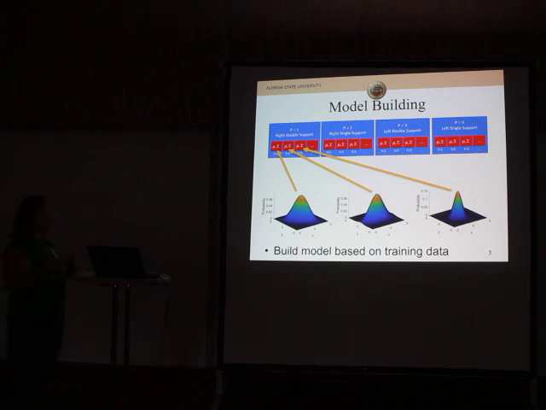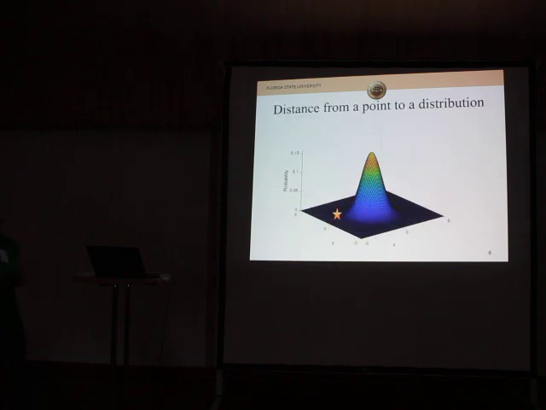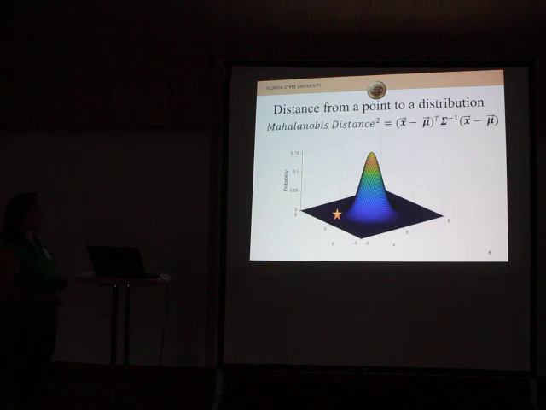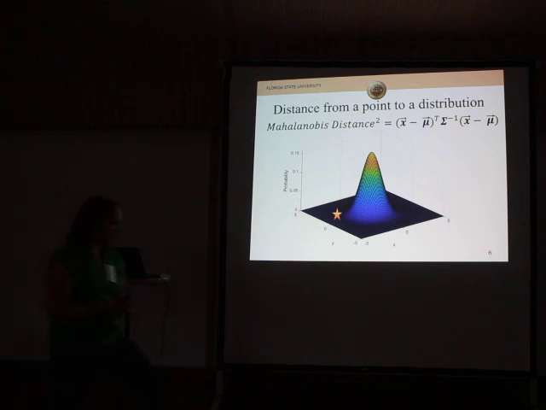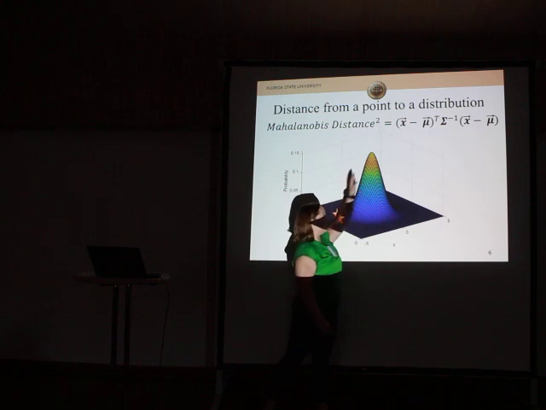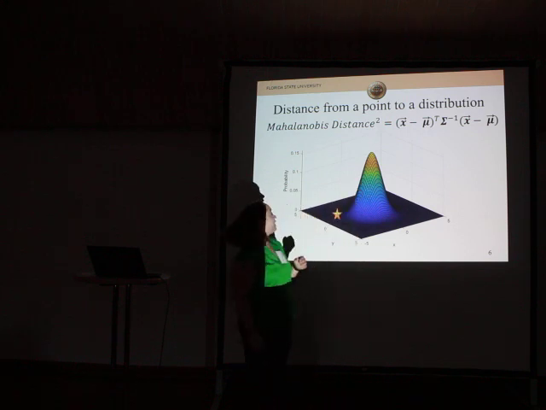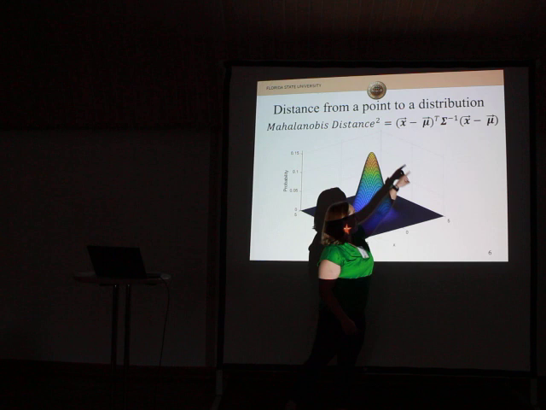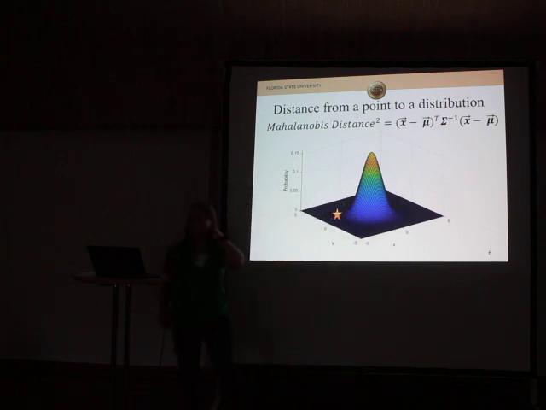Now by assuming these Gaussian distributions, we're afforded a new distance metric that is useful to us. This distance metric is called the Mahalanobis distance. Essentially it scales the Euclidean distance between a new incoming data point and the mean vector of this Gaussian distribution by the uncertainty in each degree of freedom, so that inverse covariance matrix in the middle.